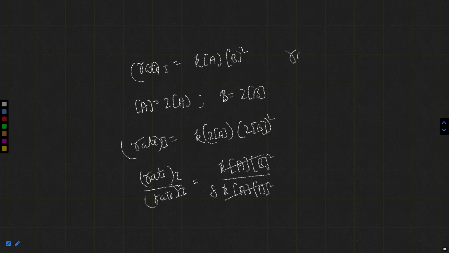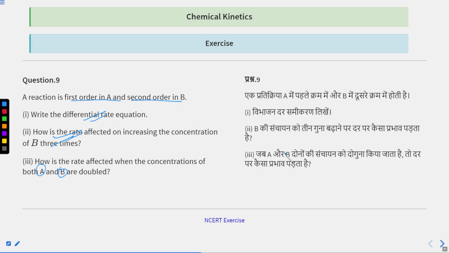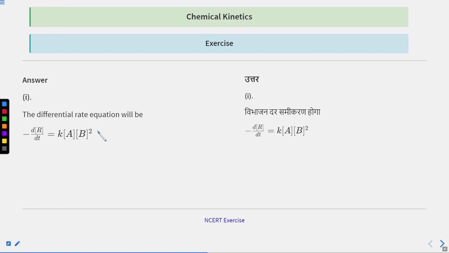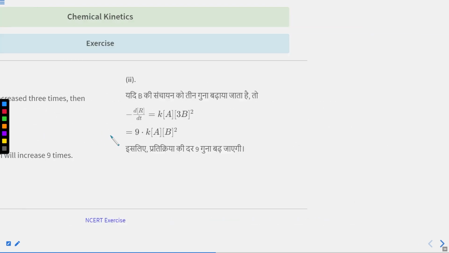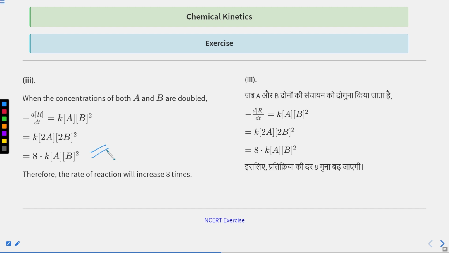You will get the rate is now 8 times the initial value. Got it? So this is our first answer. Second, it is 9 times. And this is 8 times. Clear? Okay, so we have done this question. Next question.